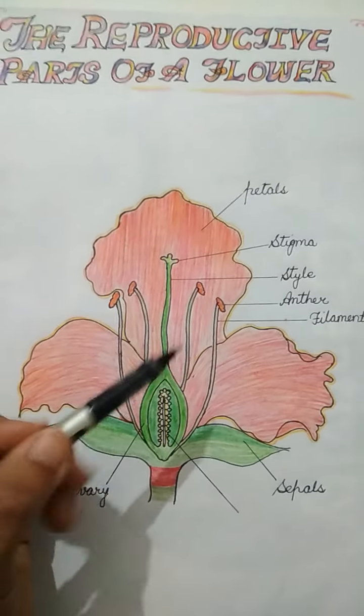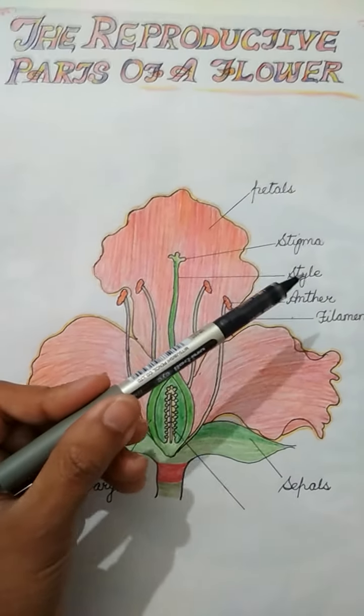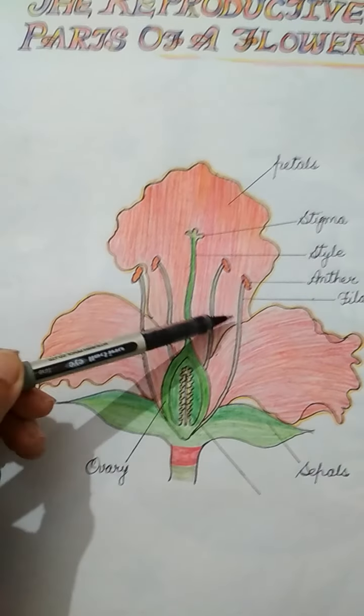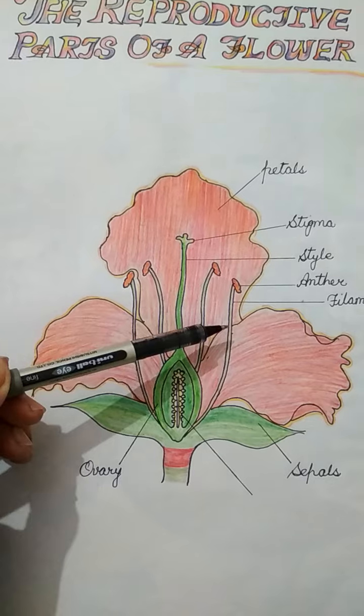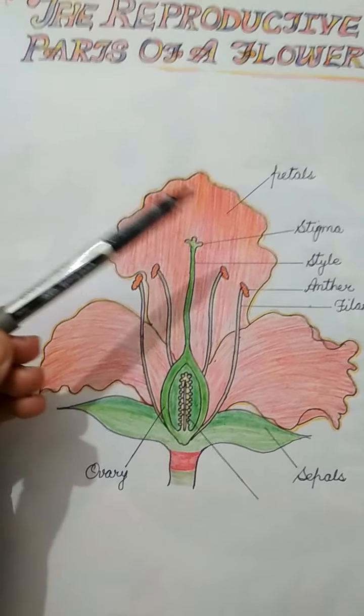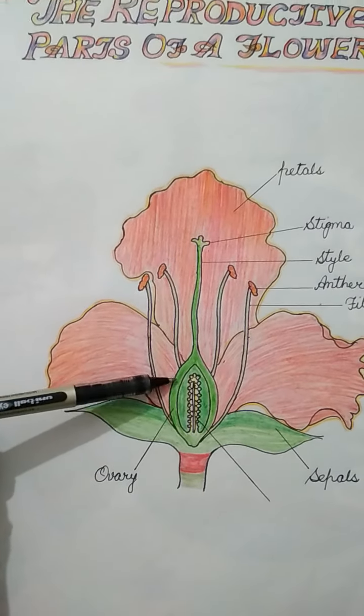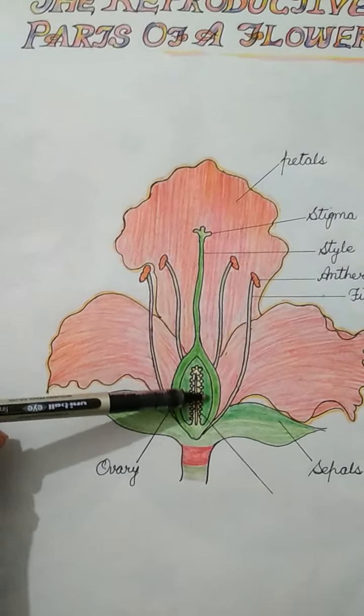Students, the male part of a flower consists of two parts, that are anther and filament. And the female part consists of three parts, that are stigma, style, and ovary. This is the ovary of a flower.